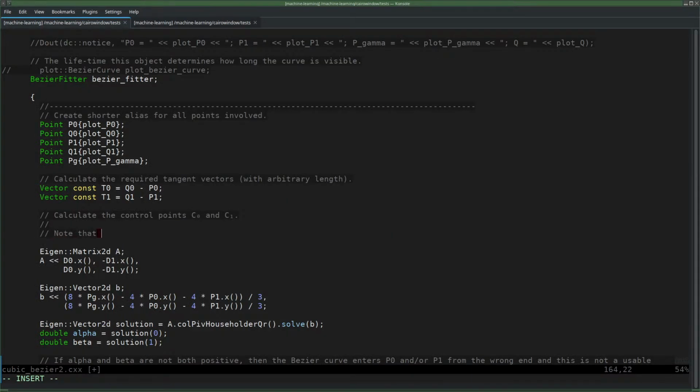So note that we want P gamma, that's PG, to be P a half, which is given by, and then I can just have a quick look at the Bezier curve formula.